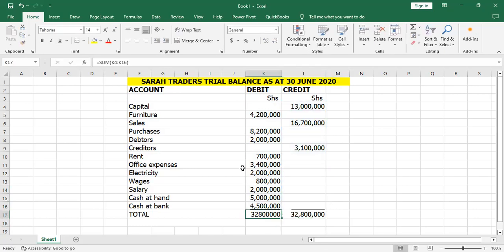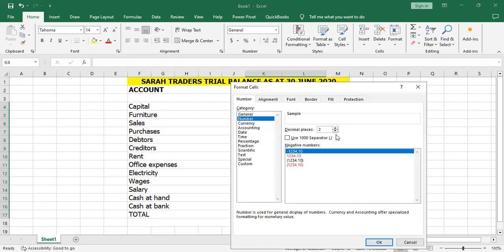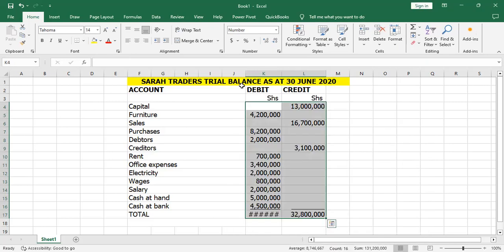So that is our trial balance, and we can see that it is in agreement. The total debit balances equal the total credit balances.